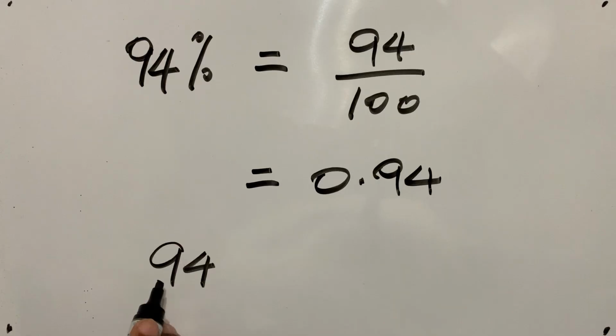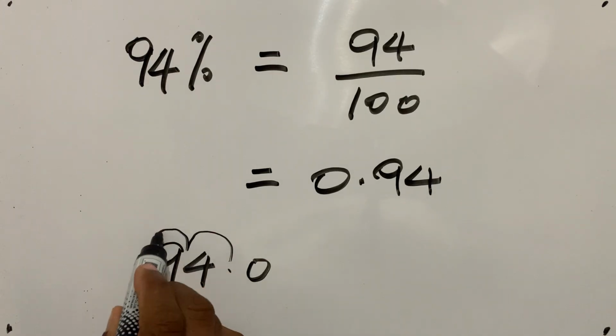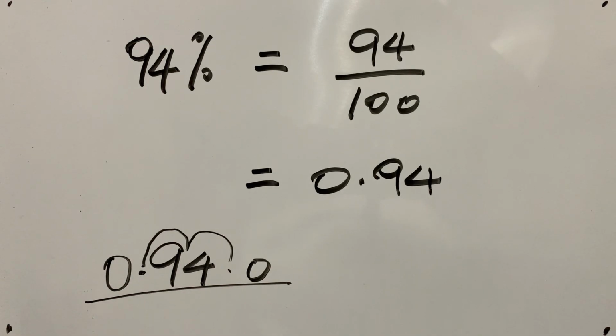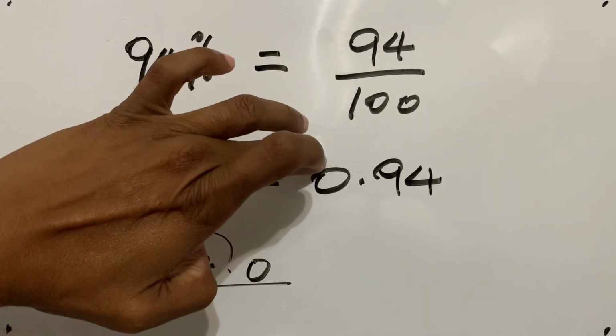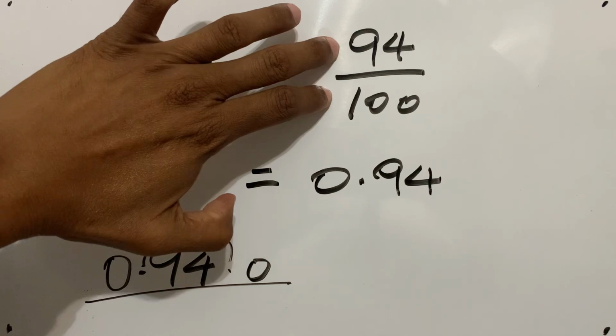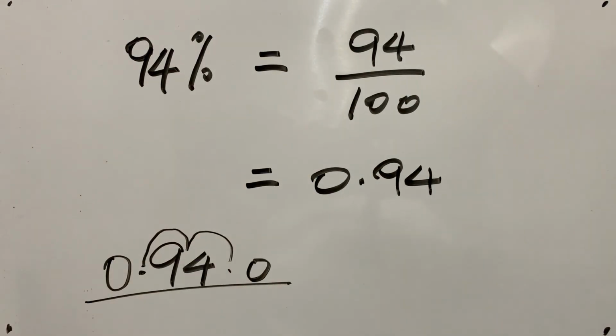In a sense, this is saying 94.0. There's no visible .0, but that's what 94 is, 94.0. Here's our point. We move it 2 places to the left. We get 0.94 when we divide 94 by 100. So this is how we convert from a fraction to a decimal when it's over 100.